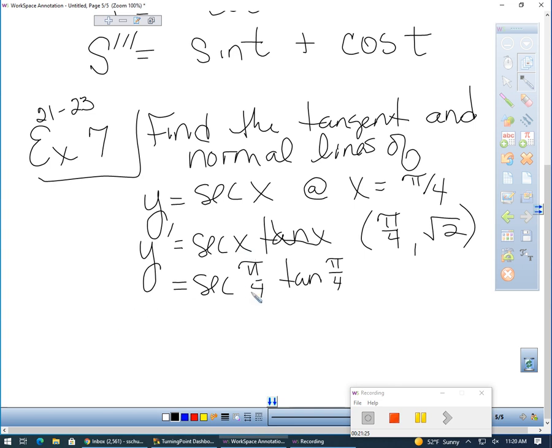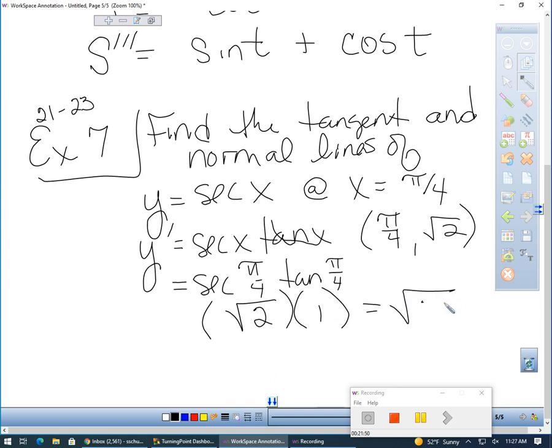Okay, so secant of pi over 4 we just did, right? That was root 2. The tangent at pi over 4 is root 2 over 2 over root 2 over 2, so it's just 1. So this is root 2 times 1, which means our slope is root 2.